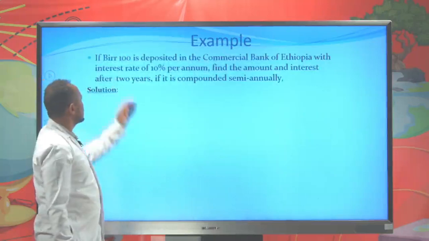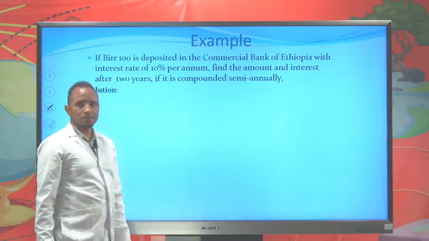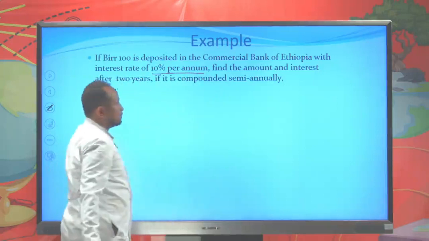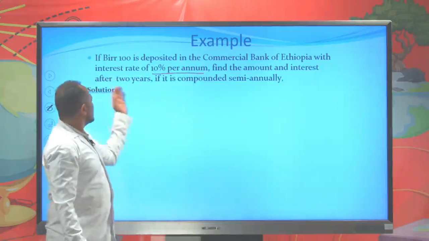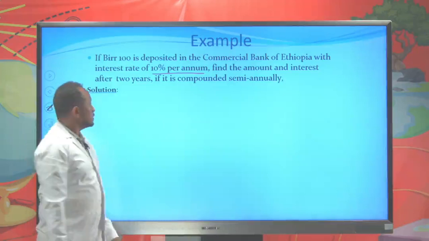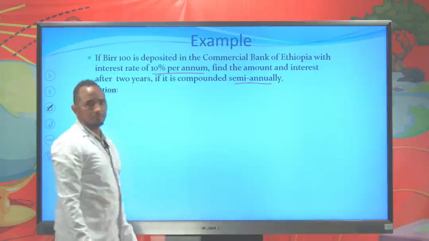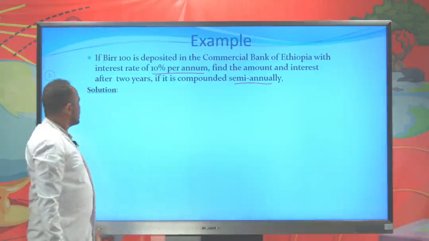Here, if 100 birr is deposited in the Commercial Bank of Ethiopia with an interest rate of 10% per year, find the amount and interest after 2 years if it is compounded semi-annually. So let's see the solution.